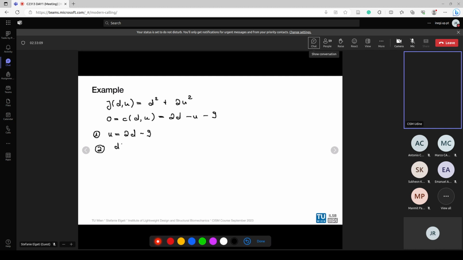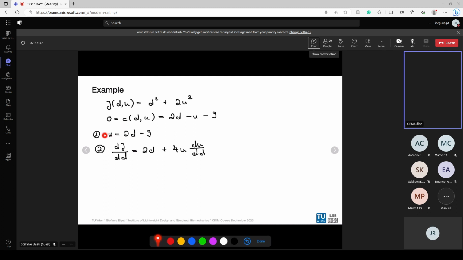Then in a second, not connected step, we can compute the gradient of the objective function with respect to the decision variable. So this would be 2d plus 4u times the derivative of u with respect to d.